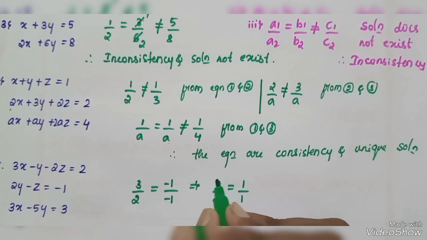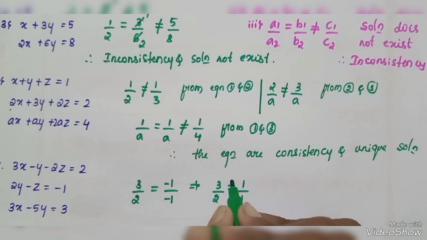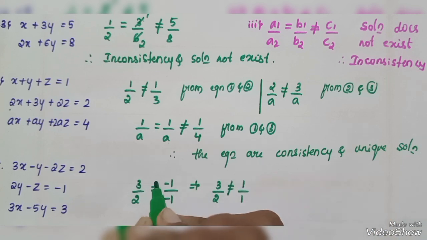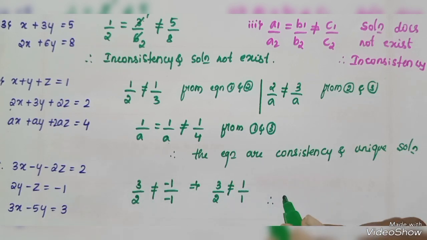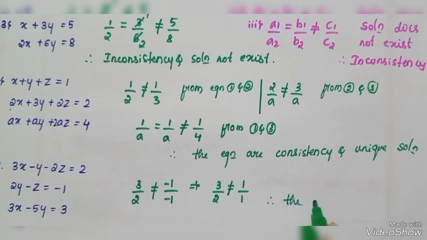Okay, a1 by a2 is not equal to b1 by b2. Therefore the equation is consistent and has a unique solution.